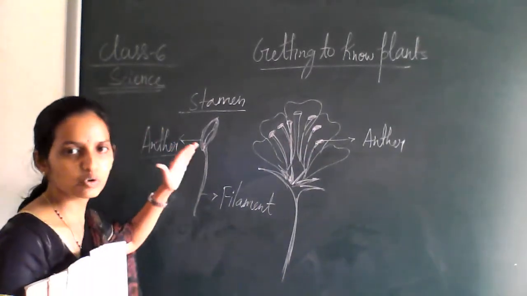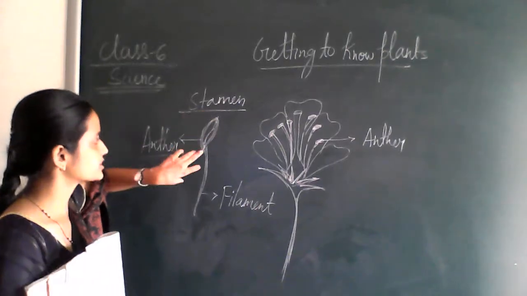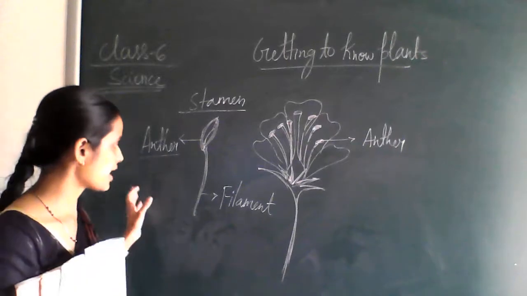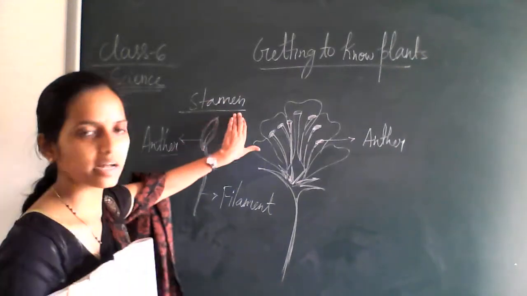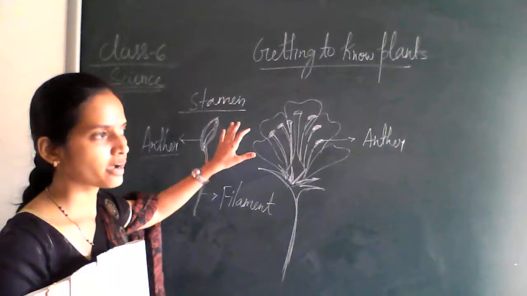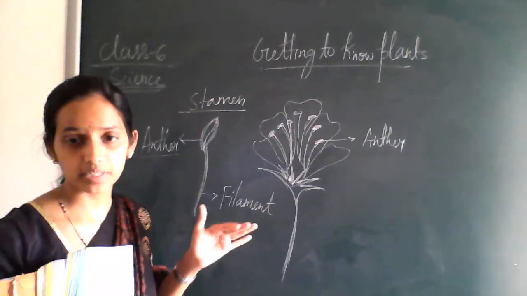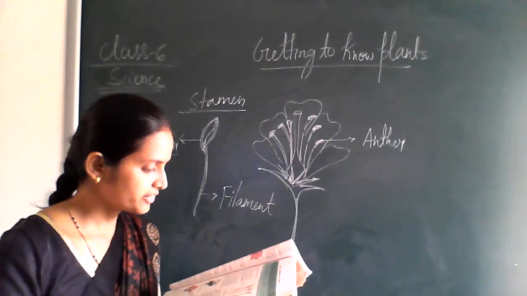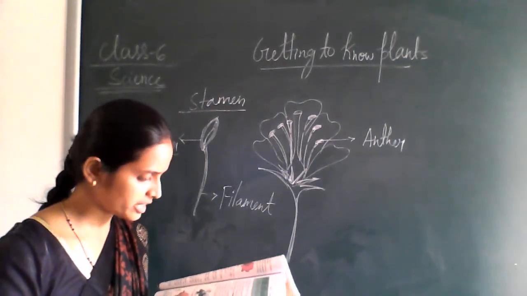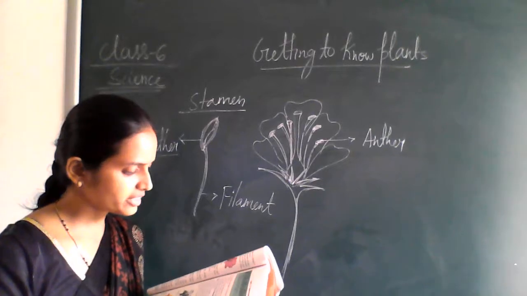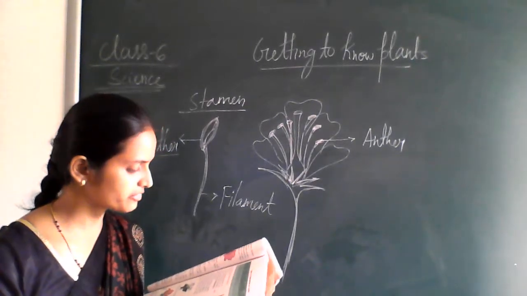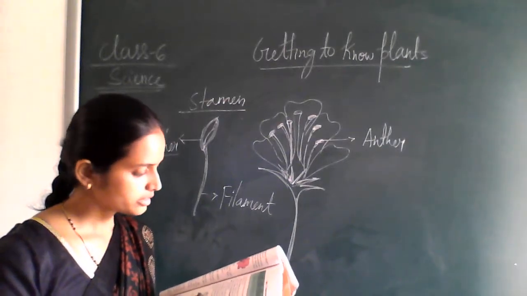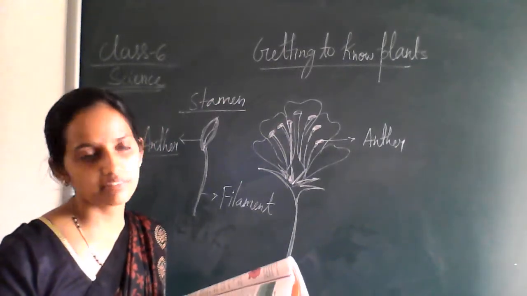The stamen has two parts: the upper part is your anther and the lower part is your filament, right? Anther and filament join together to form the stamen. Look at figure 7.23 carefully. It shows the different kinds of stamens present in different flowers. Can you recognize the two parts of the stamen in your flower?